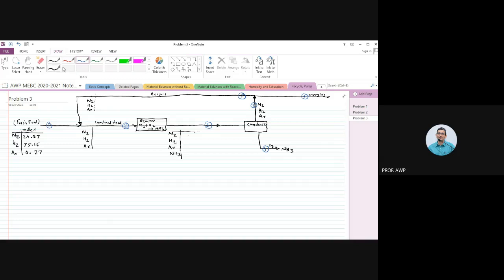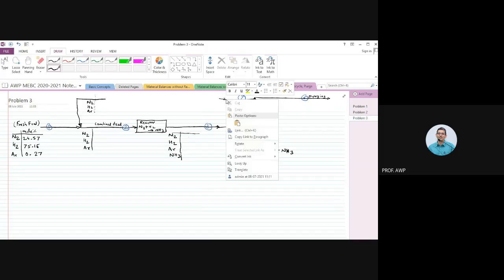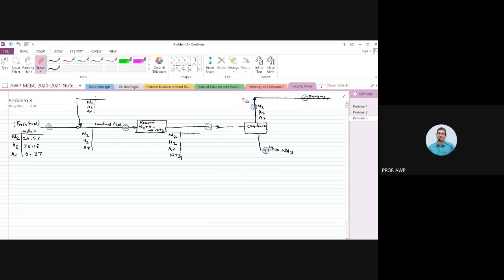Right? And recall how we are going to do the recycle problems. We are going to break this recycle stream. We are going to say that it is equivalent to 2 different streams. So stream number 7, we said is a recycle stream, but we are going to break that and say that stream number 7 is different from stream number 8, which is recycle, coming back mixing with the fresh feed.